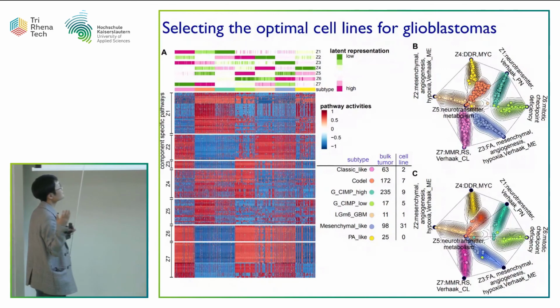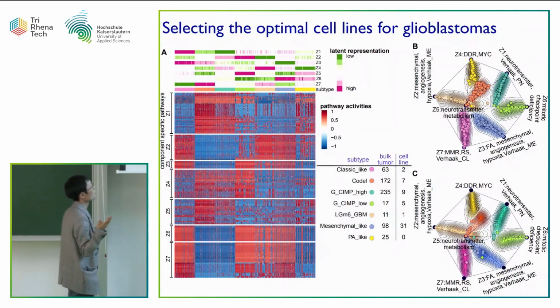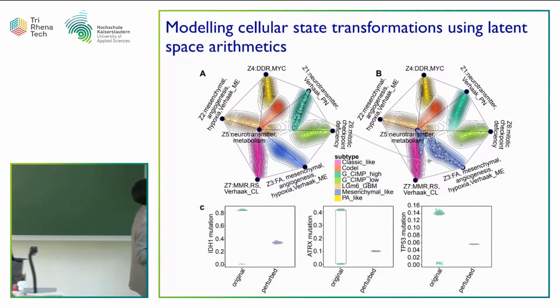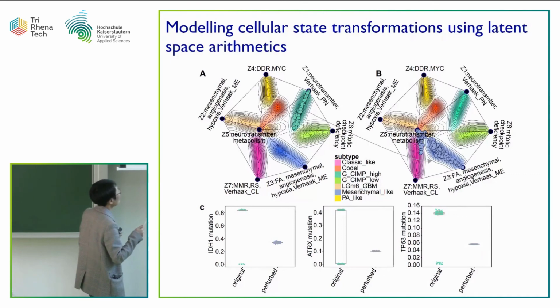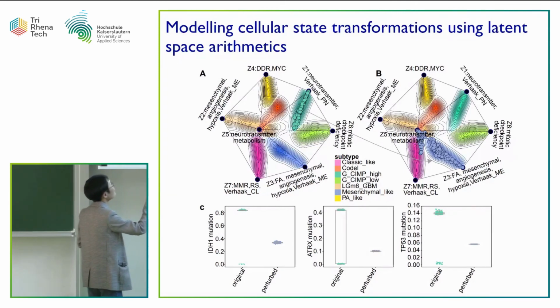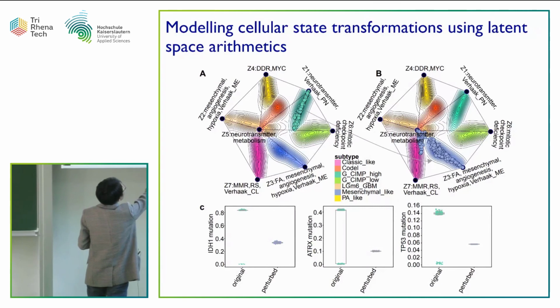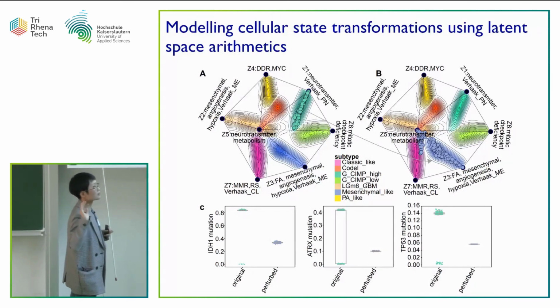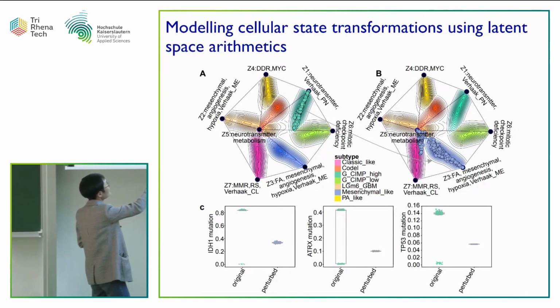This is the function of the entropy. And then we asked whether we can use our model for modeling disease transformation. In order to do so, we considered a subtype with relatively good survival, that is GCIMP high, and then another worse case with worse survival and metastatic potential, that is mesenchymal-like.